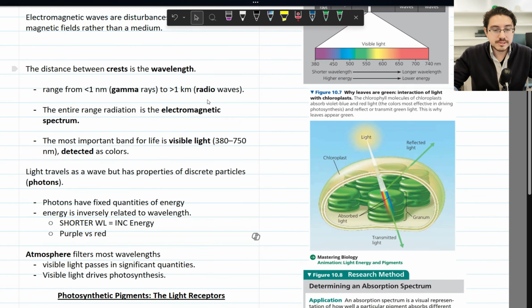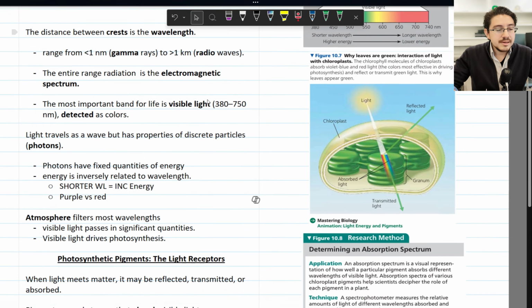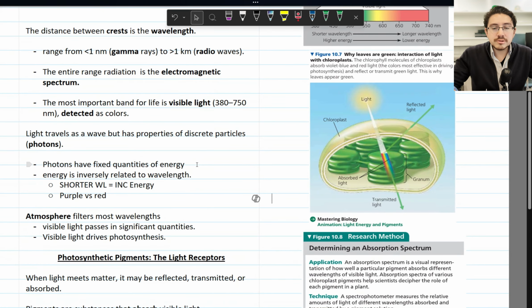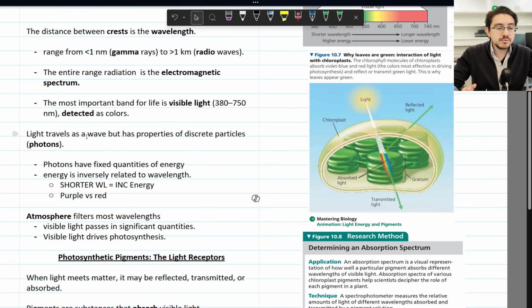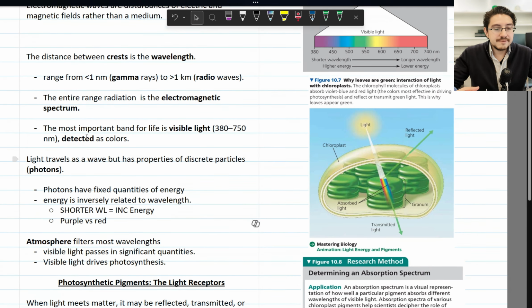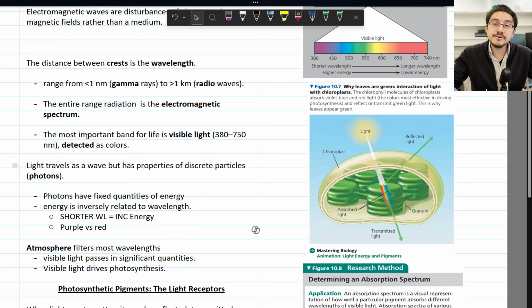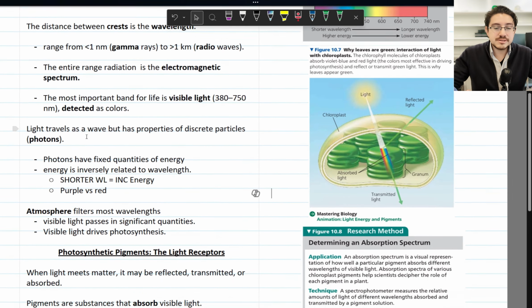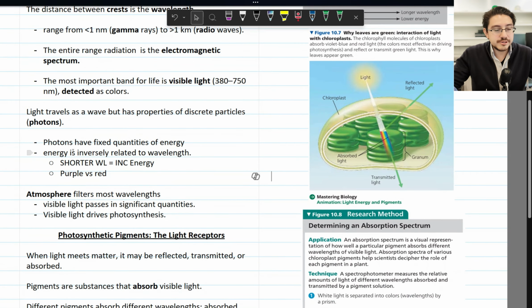Very, very important. Just to note a little bit more, light travels as a wave, but has properties of discrete particles known as photons. And photons, these particles of light, have fixed quantities of energy. Energy, as I mentioned already, is inversely related to the wavelength.